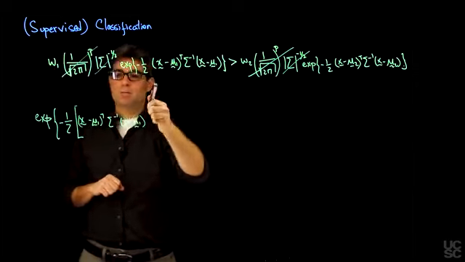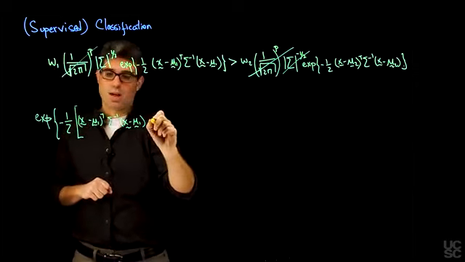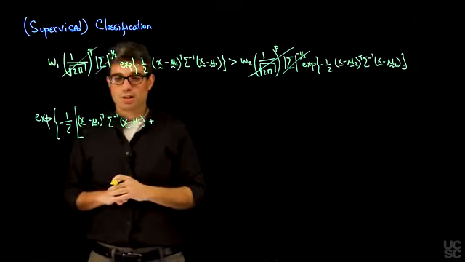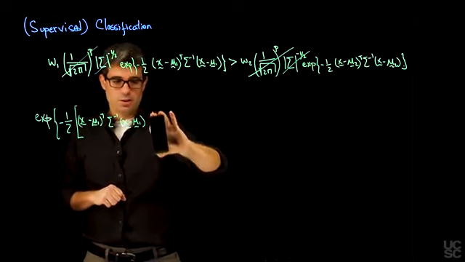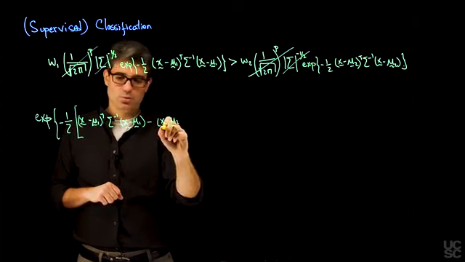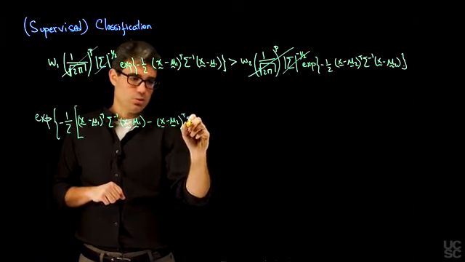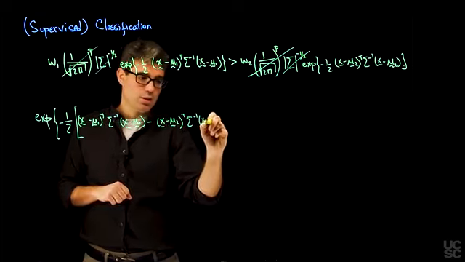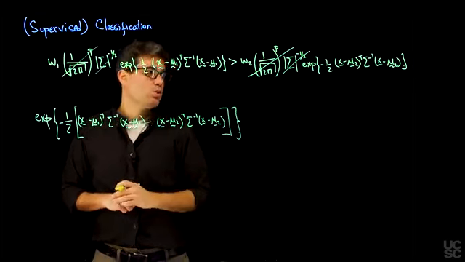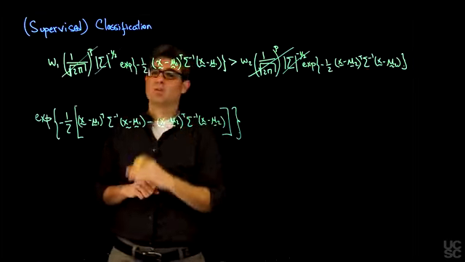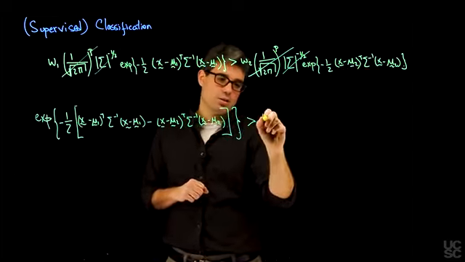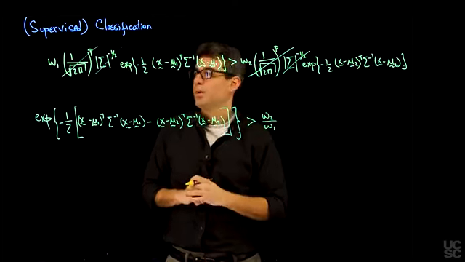And then this term came to the other side in the denominator, but that just means that when it goes into the exponential, I need to reverse signs. So it's going to be minus x minus mu 2 transpose sigma inverse x minus mu 2. So that's the expression once you move this to the denominator and combine the two exponentials. And this needs to be greater than omega 2 divided by omega 1.